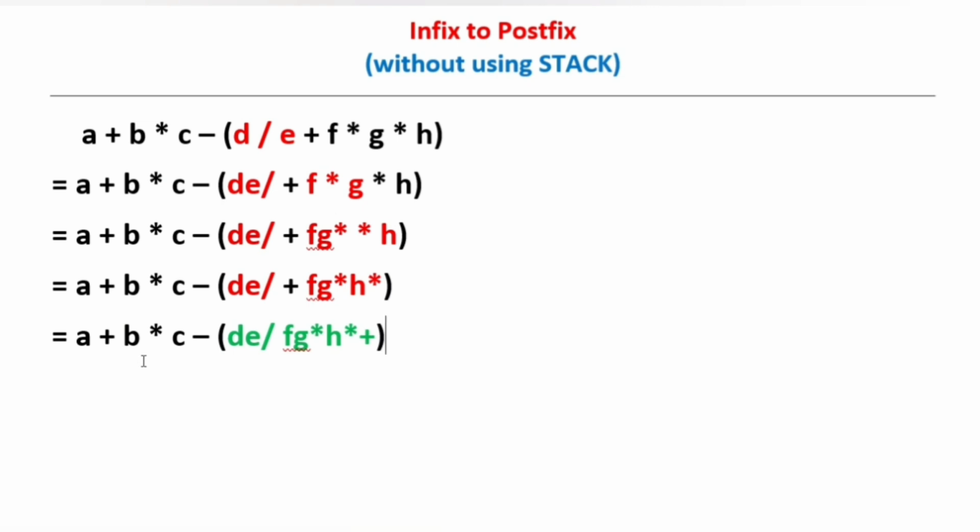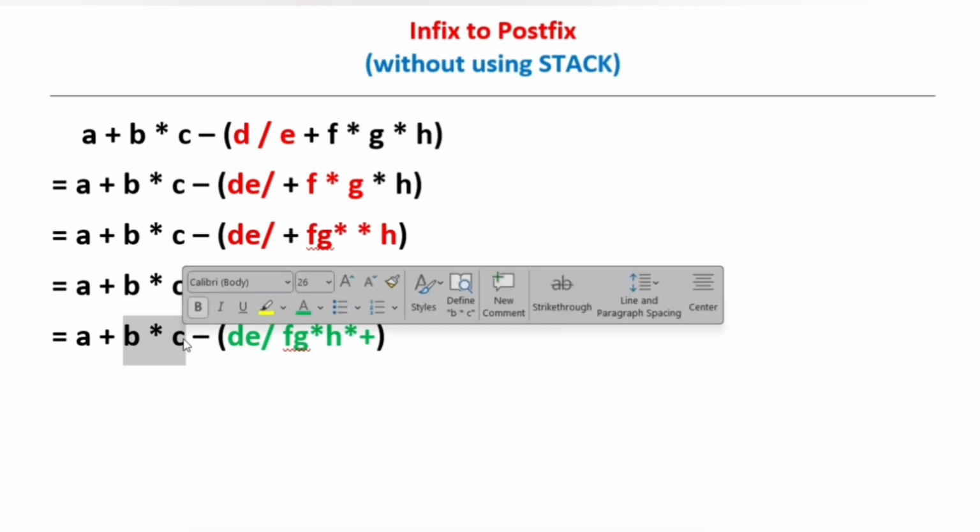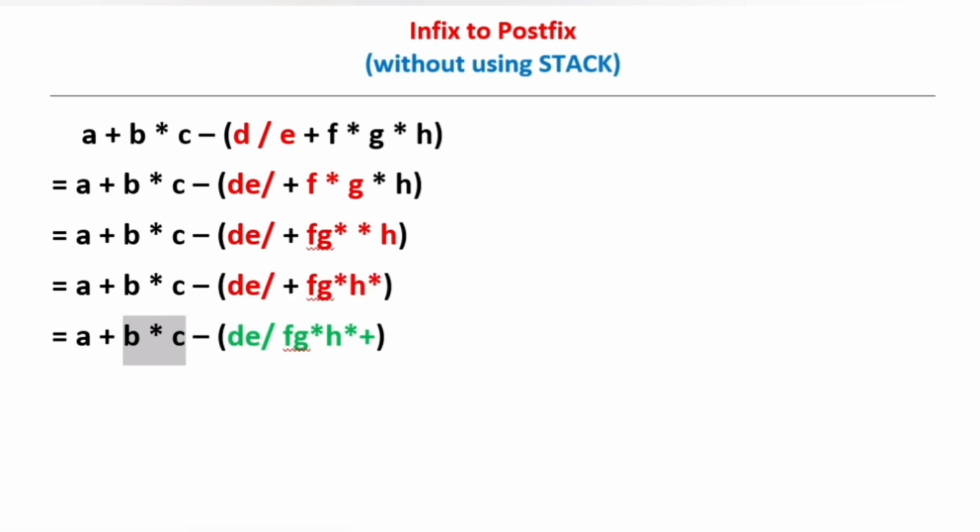Now out of the bracket there are three operators: plus, multiply, and minus. Among these three operators, multiply has the higher priority. So outside the bracket, the multiplication operation will execute first, because the multiply operator has the higher priority.